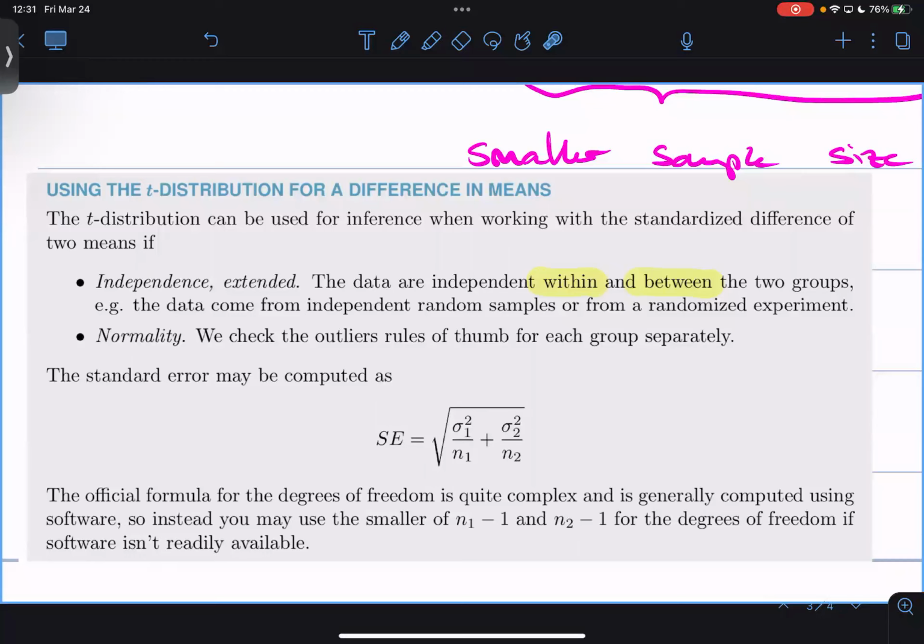And then, oh yeah, the official formula for the degrees of freedom is quite complex. It is. So we're going to use the smaller of n1 minus 1 or n2 minus 1.